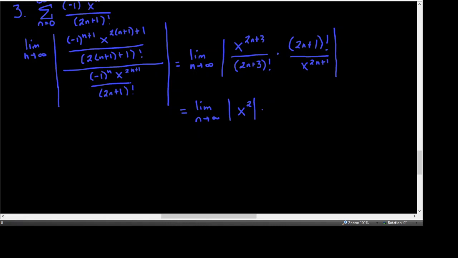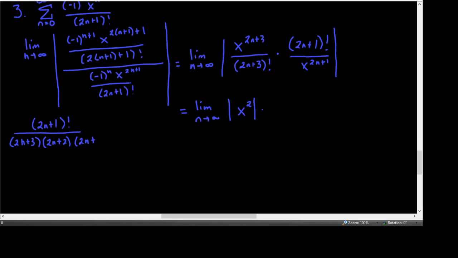Now, I'll go over to the side here for a second. Remember, when you have factorials like this in a fraction, the idea is you want to take the larger of the two and start expanding it. So 2n plus 3 is larger than 2n plus 1. So that'll be 2n plus 3 multiplied by the next lower number, which would be 2n plus 2, which would be multiplied by the next lower number, which would be 2n plus 1.